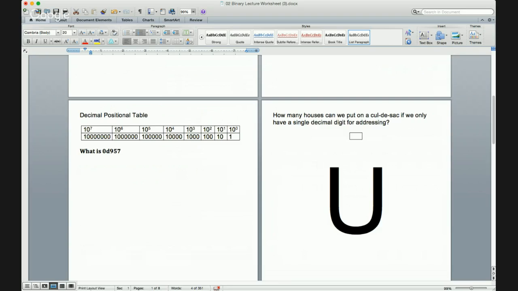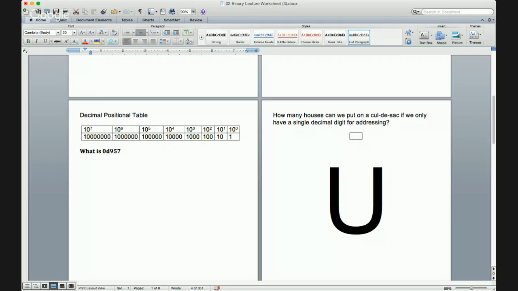I extracted the 7. I then use that 95. 95 divided by 10 is 9 with a remainder of 5. I extracted the 5. And then 9 divided by 10 is 0 with a remainder of 9. So I would have extracted the 9. Just by dividing by 10, I could have extracted them, and the result would have been in the remainders.